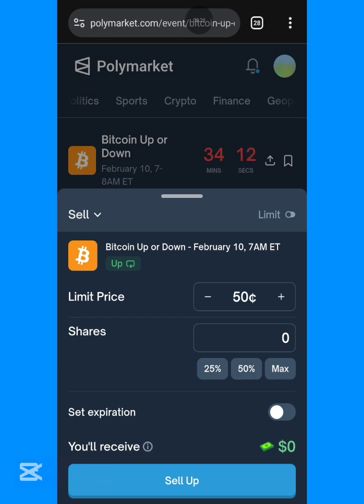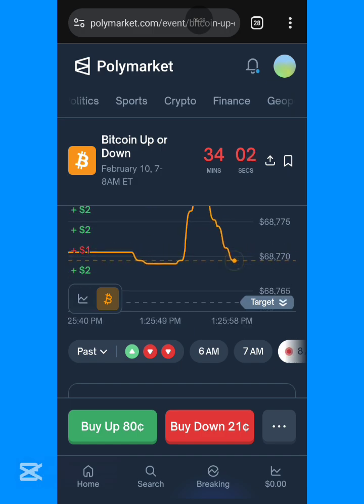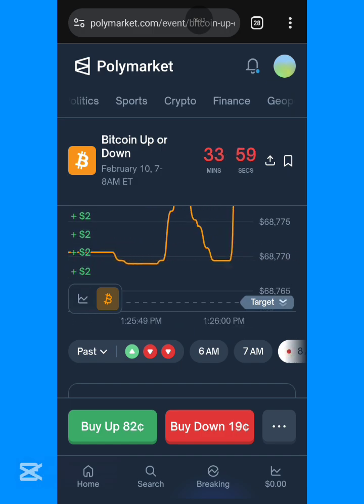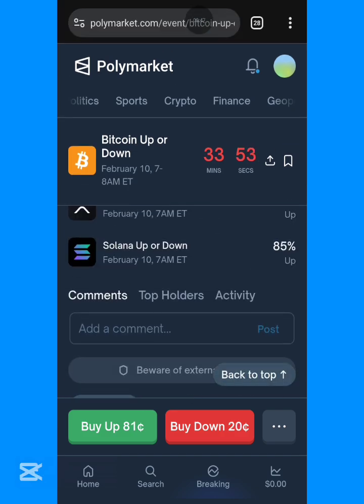Now, if you have done that, you have set your sell limit order, you will have an open order, and anytime it gets to that 50 cents for that particular share, it will automatically sell for you. And if you scroll down like this, you are going to see the open orders. If you have more than one, you will see them; if it's just one, you are going to see the open order there, and it will be waiting.